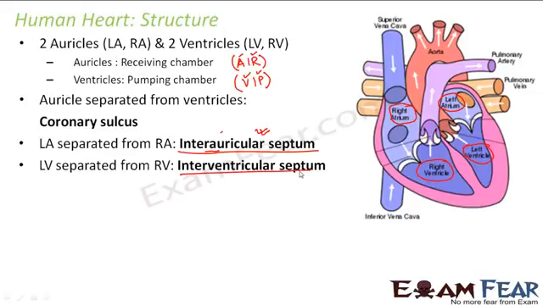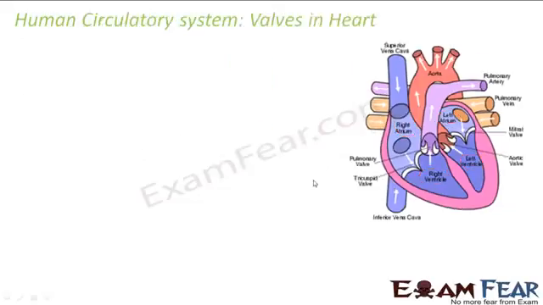Now these 4 chambers need to be separated from each other, right? So auricles and ventricles are separated by a groove-like structure called coronary sulcus. The 2 auricles are separated from each other by interauricular septum, and the 2 ventricles are separated from each other by interventricular septum.